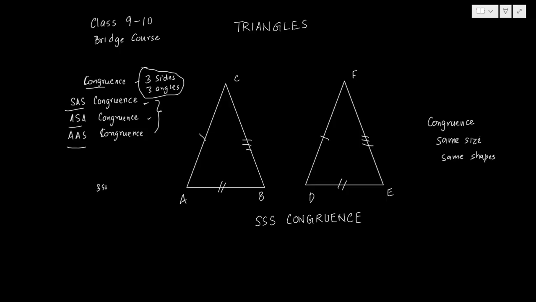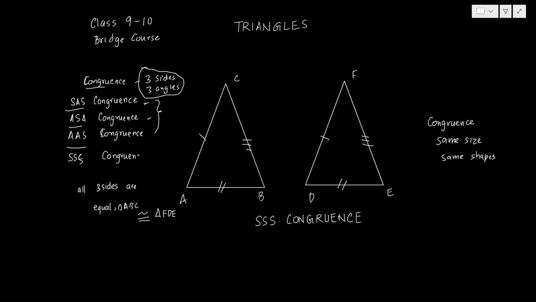If all the three sides are equal, then triangle ABC is congruent to triangle FDE, or EDF, or whatever you want to call it. If all the three sides are equal, then the triangles are congruent. This is called the SSS congruence criteria.